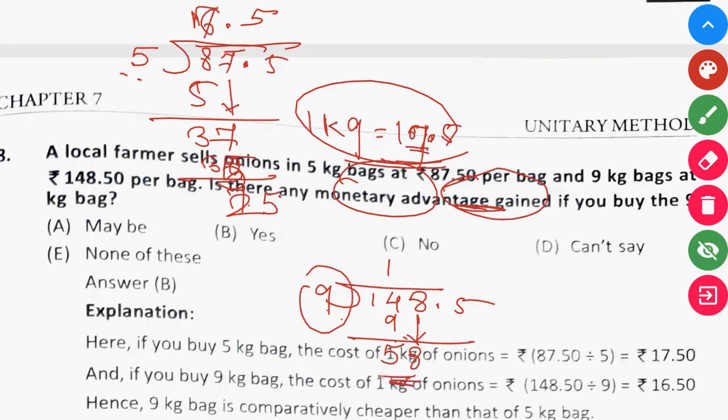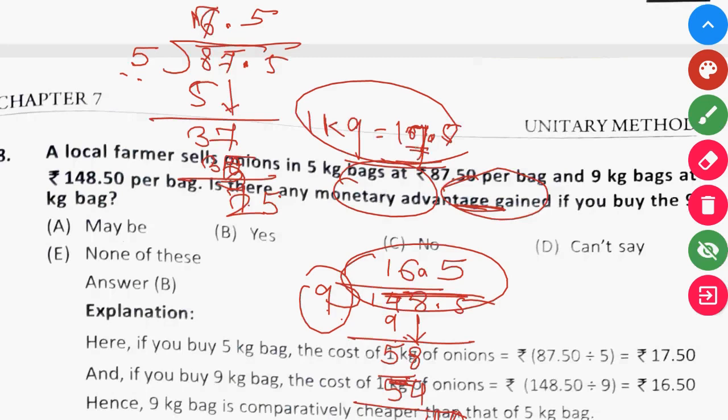In the 9's table, will 58 come or not? No, but 54 will come. 9 sixes are 54, so 4 will be the remainder. The point will come there, and 9 fives are 45. So the cost is 16.5.